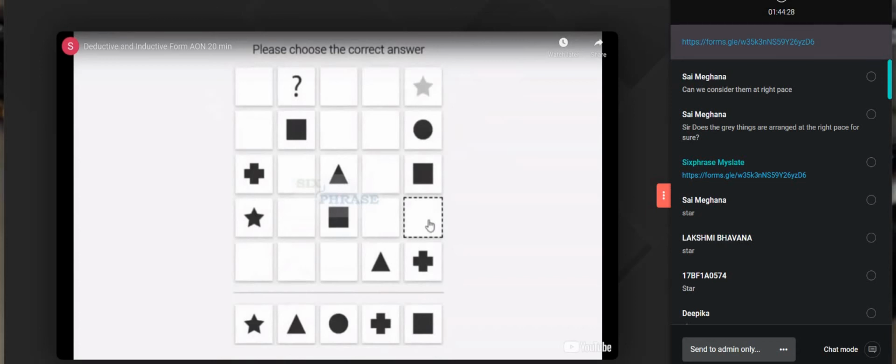Yeah, this one. So just go through this, read all this, guys.